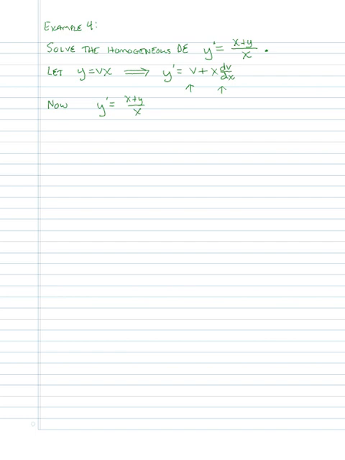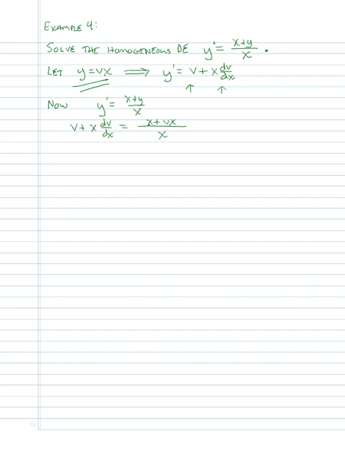Okay, on the left side, we replace y prime with what we have above, v plus x times the derivative of v with respect to x. And on the right side, in this fraction, we replace the y with v times x. Of course, that's what we said y was going to be, v times x.